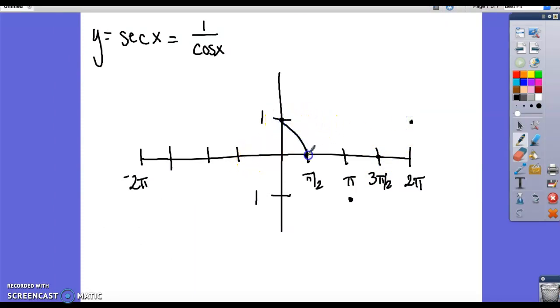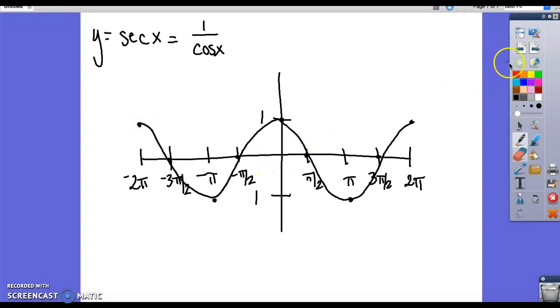So there's one period of that cosine graph. And here's my second period. It's going to come up like this.